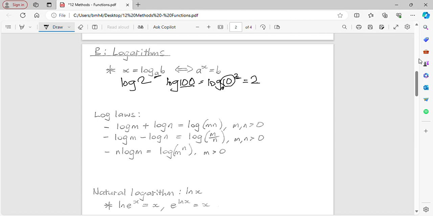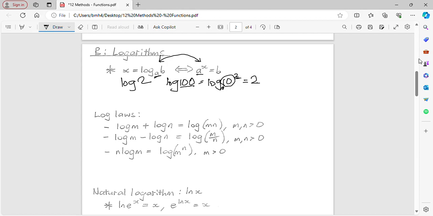So these functions here are the reverse of each other. They do the opposite. So we can either raise a number to a power and get an answer, or after we've gotten the answer, we can say, well, what was the power that this base number was raised to get that number?